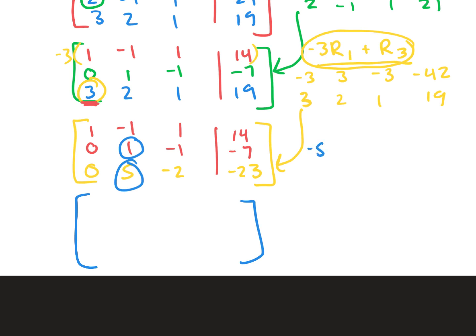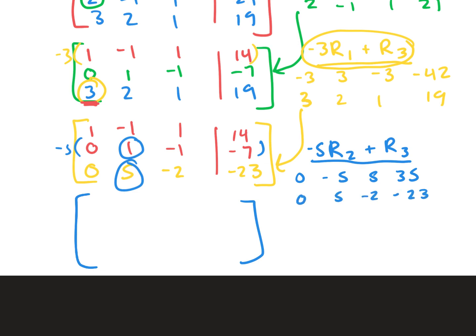So I'm multiplying -5 times row 2 plus row 3. So when I multiply this times -5, I get 0, -5, 5, and 35. Row 3 is 0, 5, -2, and -23.